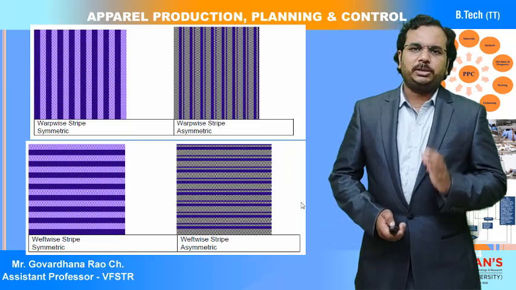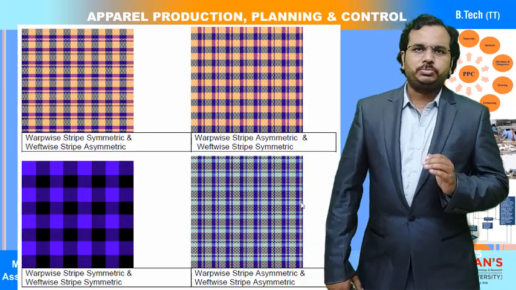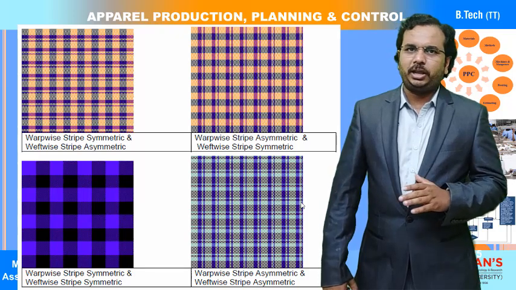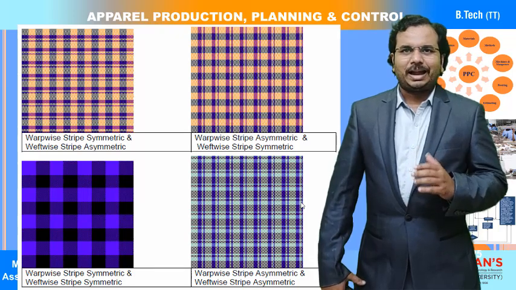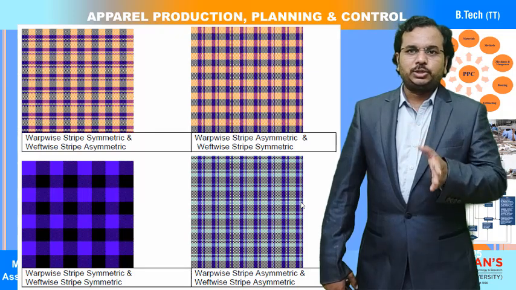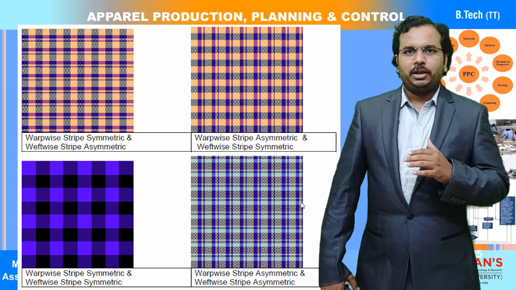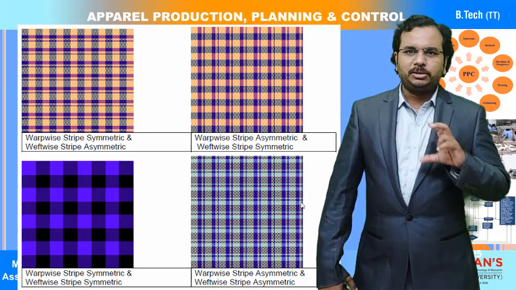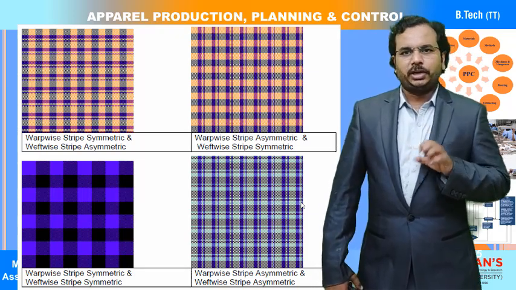You can observe a similar trend in the checks design. You can observe warp wise stripe asymmetric and warp wise stripe symmetric, and weft wise stripes asymmetric, that is, on one side, warp wise, it is symmetric, but weft wise it is asymmetric. In the third image, in blue color, both are symmetric, which is why all the square boxes look like different colors.